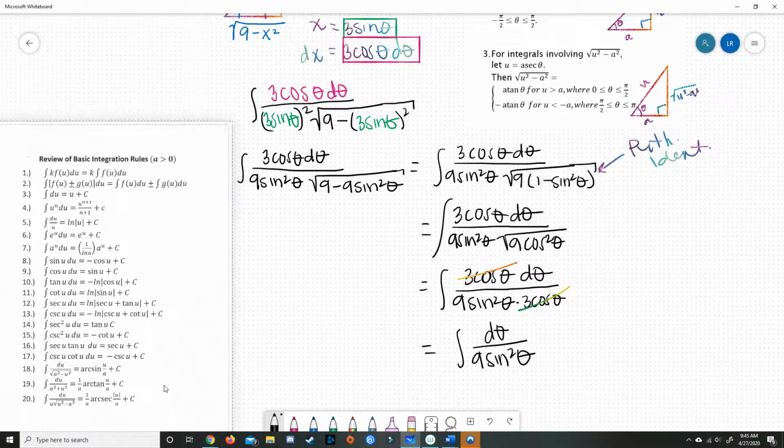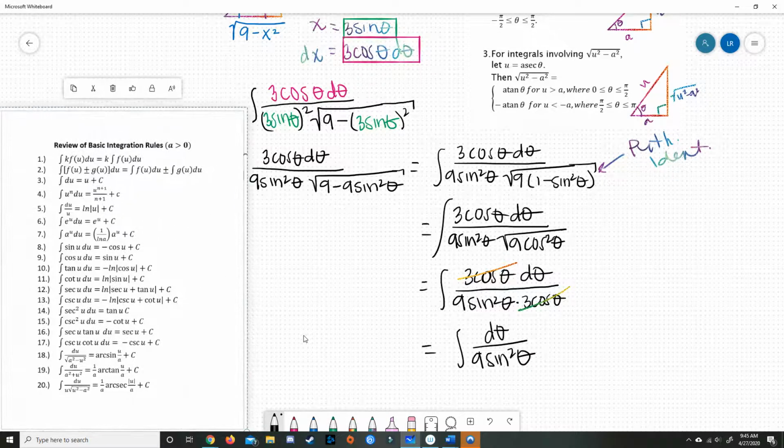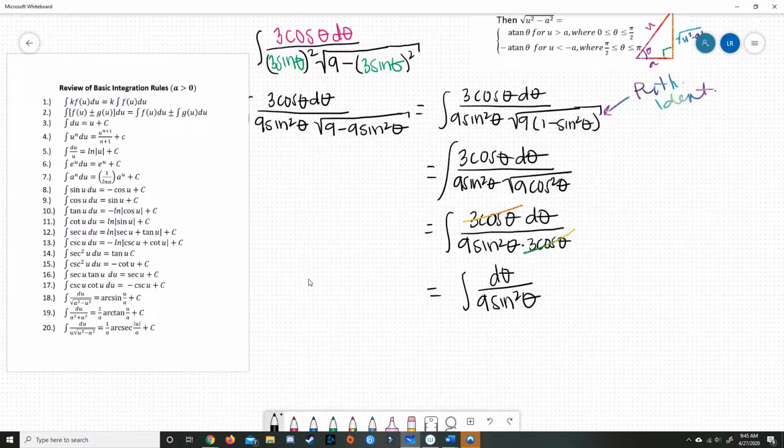I'm going to look on this list. Can I integrate that yet? I don't see a 1 over sine squared of theta here. But I do see a cosecant squared of theta. And 1 over sine, one of your reciprocal identities, 1 over sine is cosecant.